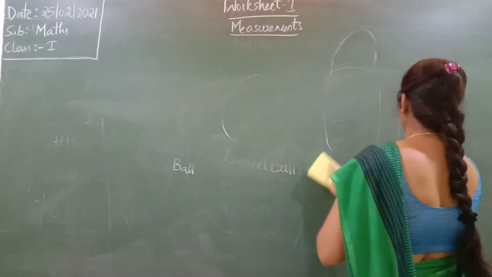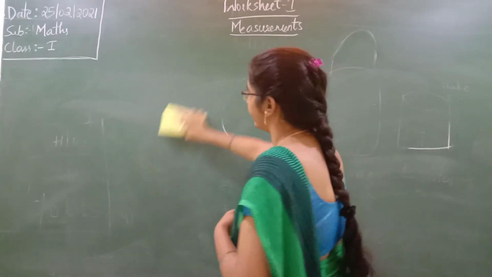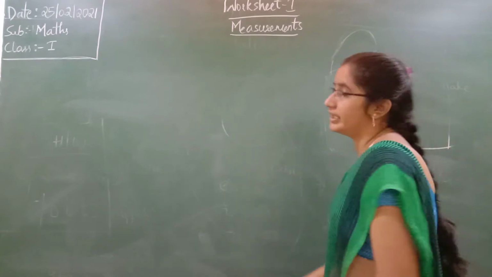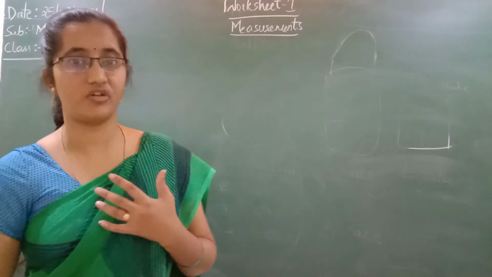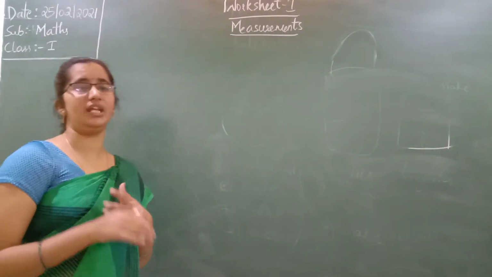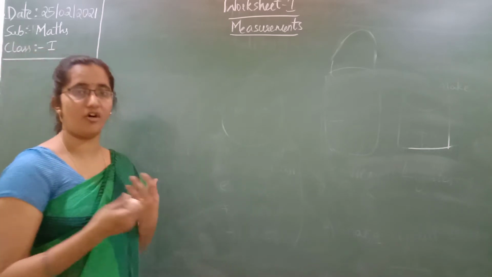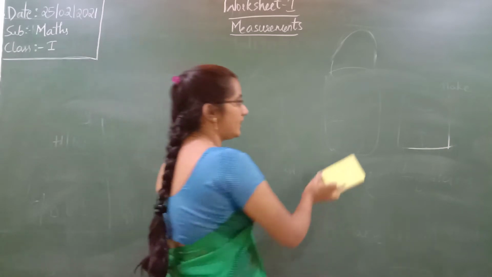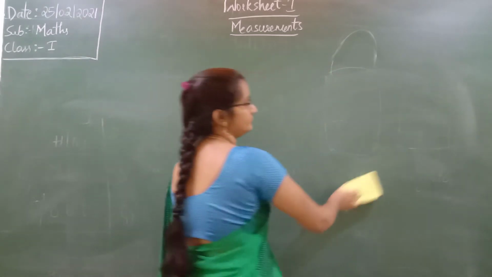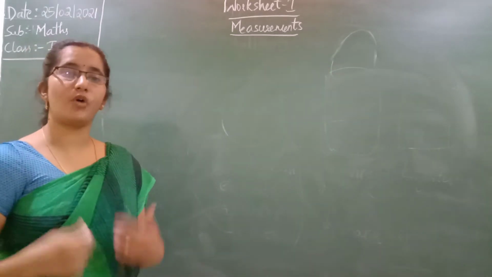And see the measurements. As I said, in the old years, millions of years ago, we didn't have any equipment to measure lengths or anything. So what did they use? They used their body parts.